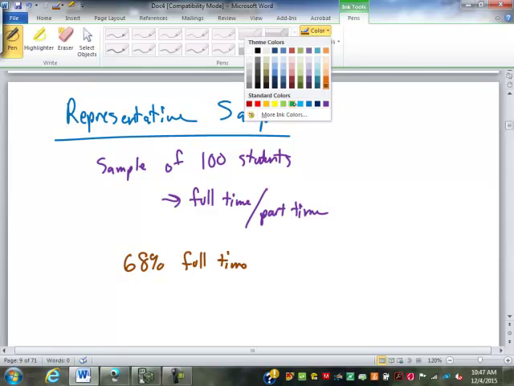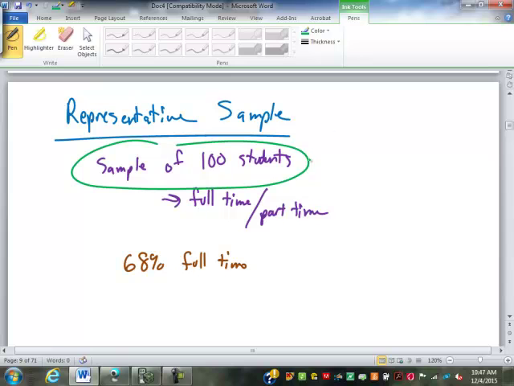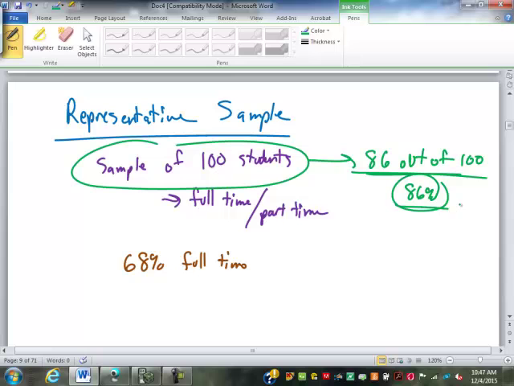But in our sample here of 100 students, we get 86 out of 100. For those of you doing the numbers in your head, of course, 86 out of 100 is 86%. Would that be a good representative sample of that population? Well, not really, because that's quite a ways away from the 68%.